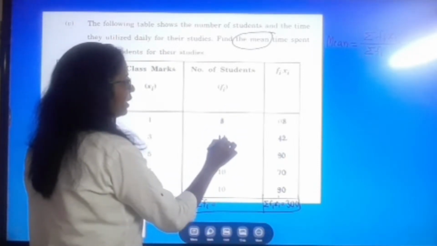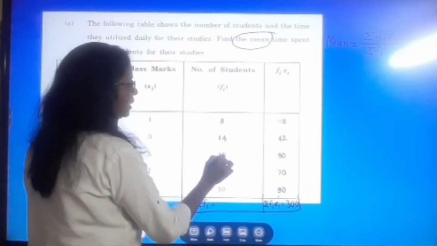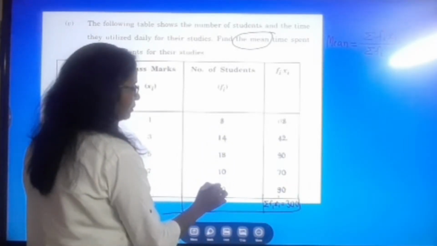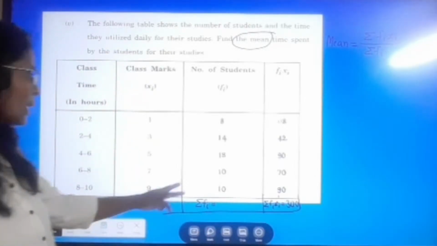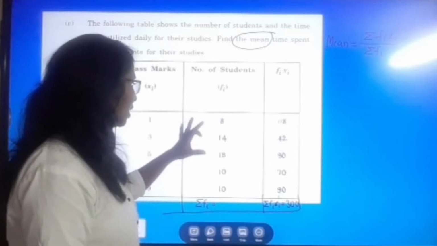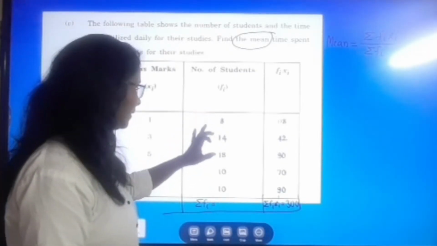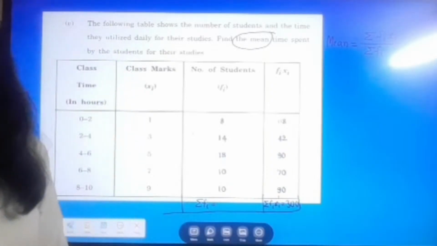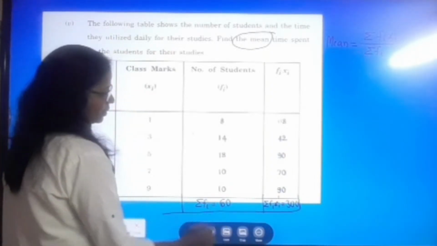And then summation Fi, that means the sum of Fi. So sum of Fi: 18, 14, 8, 14, 18, 10 and 10. So the addition will be 10, 20, 30, 40, then here 50 and 60. Summation Fi is 60.